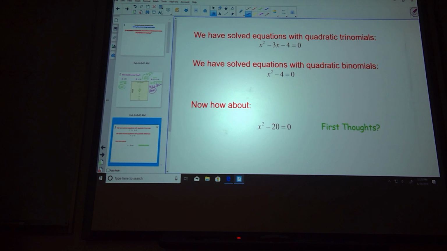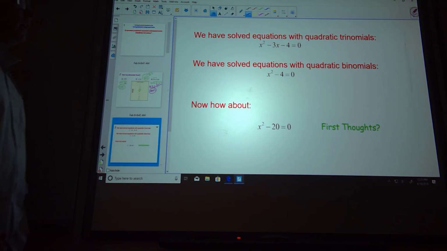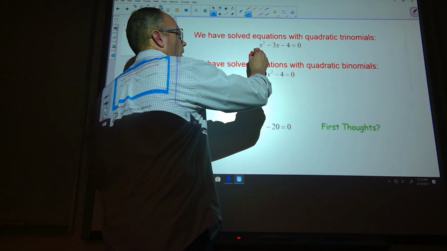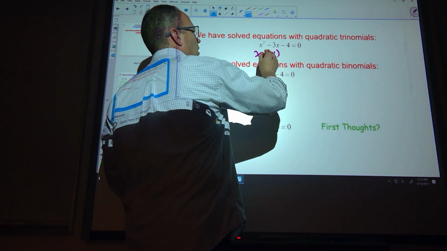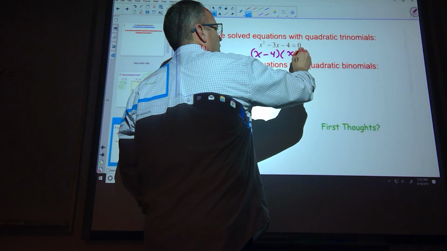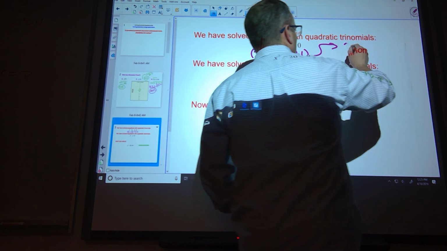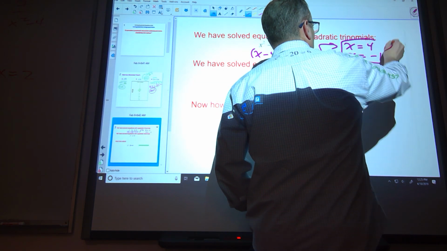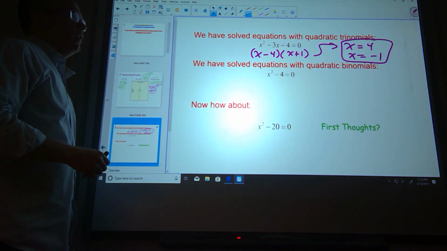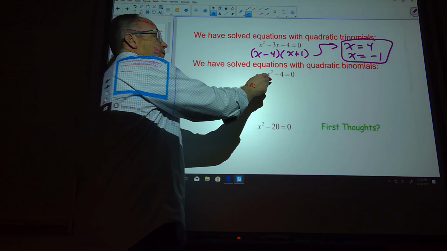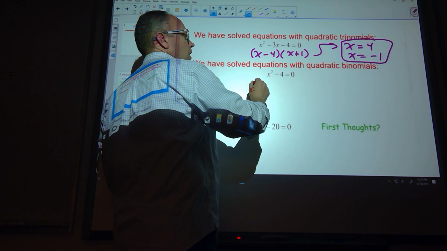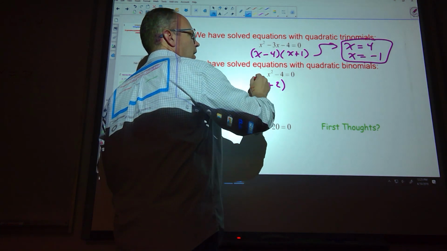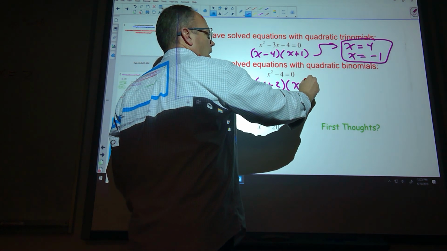So we've solved trinomials before. You might be able to see this with a quicker route. Realize this is x minus 4 and x plus 1, which gives me these as answers: x equals 4 and x equals negative 1. So we get 2 answers there. We've seen this before, because I could do this as x plus 2 and x minus 2, because that's the difference of 2 squares.